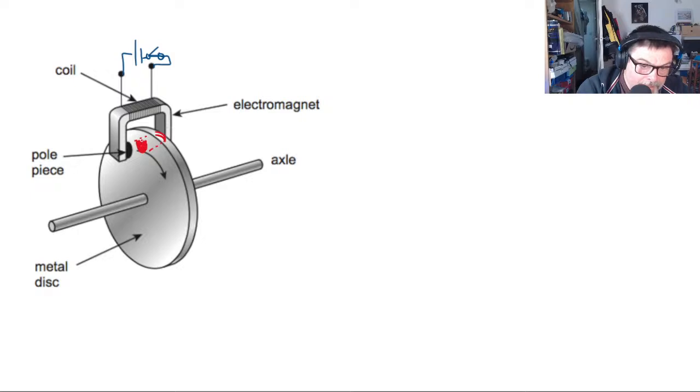Now remember that this little section of metal is turning. Imagine it starts off in a situation where it's got a whole bunch of flux lines moving through it because someone has pressed the magic red button. As my little red area of the coil moves out through the magnetic field lines, that little red area within the wheel experiences a big rapid change of flux, because this wheel is probably spinning really fast.